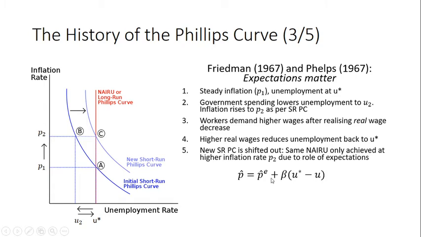Now, keep in mind that when Friedman was talking about expectations around inflation, the most common assumption about how expectations are formed is just to say, well, there are adaptive expectations, which generally just means I expect inflation in this period, let's say 2020, to be the same as the last period, 2019.